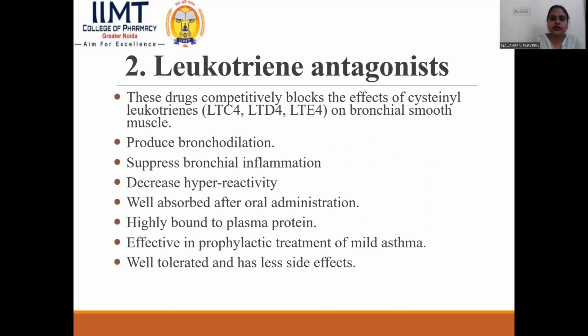Leukotriene antagonist drugs competitively block the effect of cysteinyl leukotrienes like leukotriene C4, D4, E4 on bronchial smooth muscle, produce bronchodilation, suppress bronchial inflammation, decrease hyperreactivity, are well absorbed after oral administration, highly bound to plasma protein, effective in prophylactic treatment in mild asthma, well tolerated and have fewer side effects.